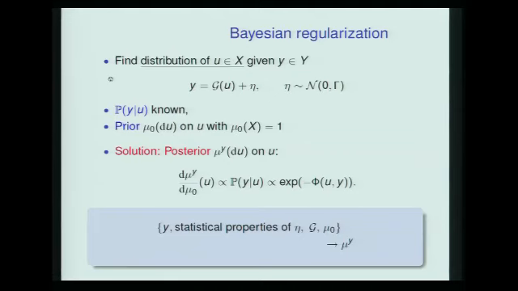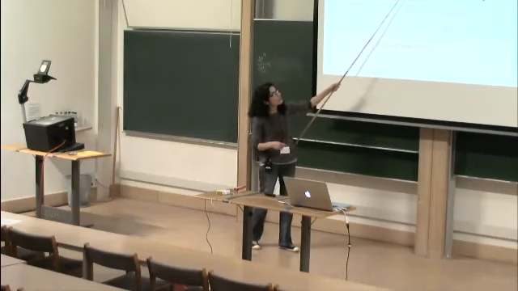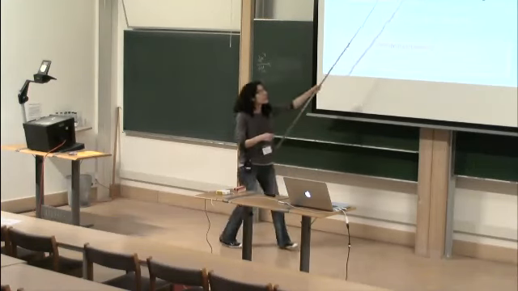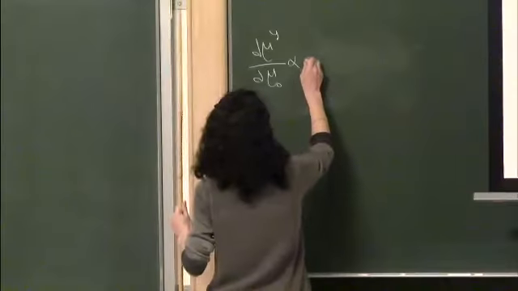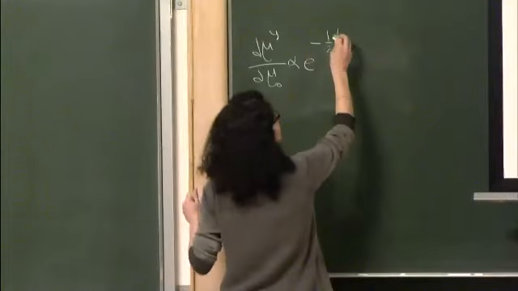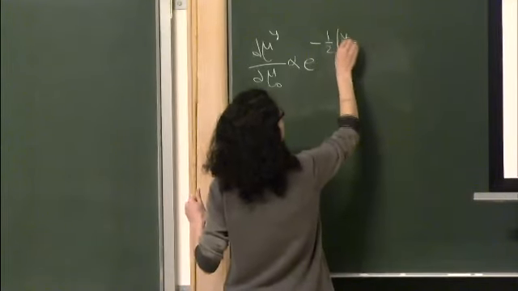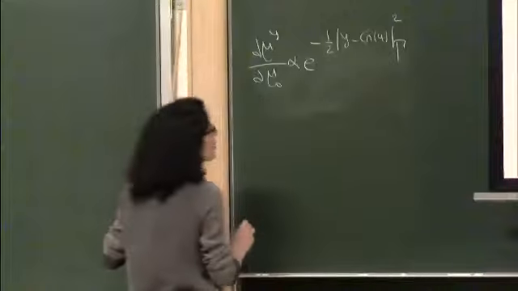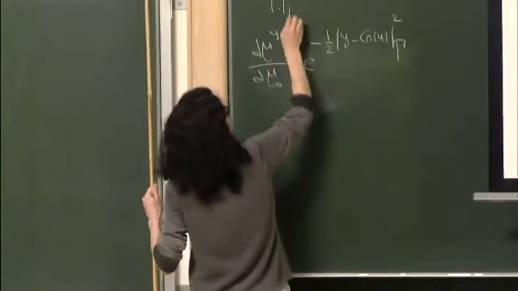This depends on the type of distribution that you have for your noise. If you have the Gaussian, then obviously that is just e to the power of minus half, with covariance gamma, of y minus G(u) squared weighted by gamma.